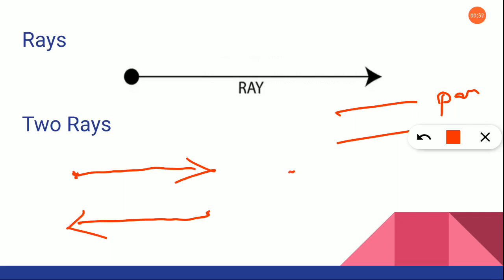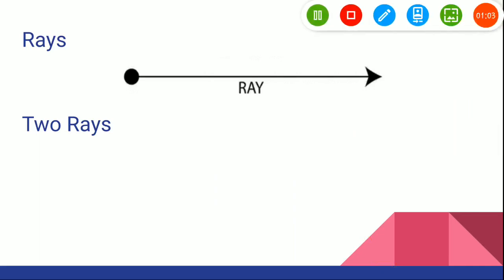Same way I am going to draw an intersecting one. Intersecting means it is going to cut on top of each other. It is going to meet in any direction. Both can be going down, or you can draw like this: this is going to be the starting point, and on this side I am going to keep the arrow so that it moves up. So there is a parallel ray, there is an intersecting ray, and one more type of ray is also there.